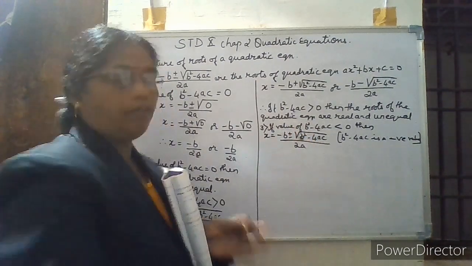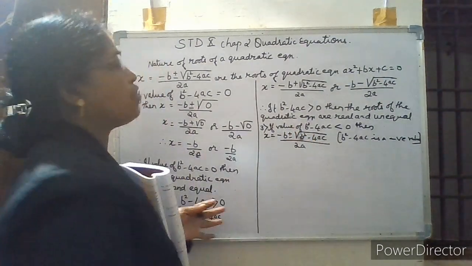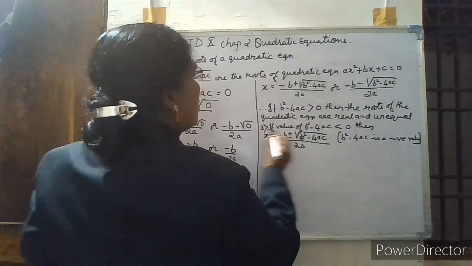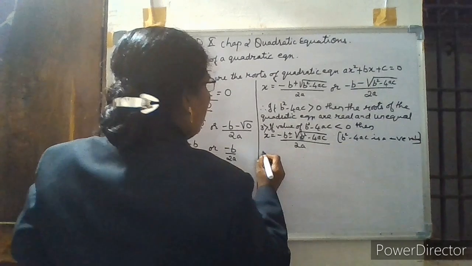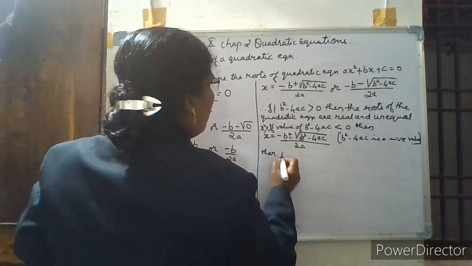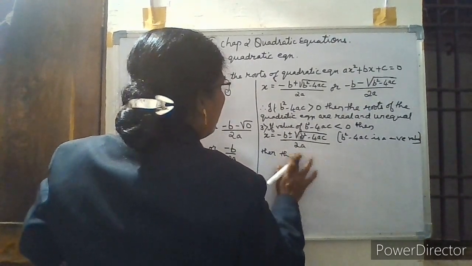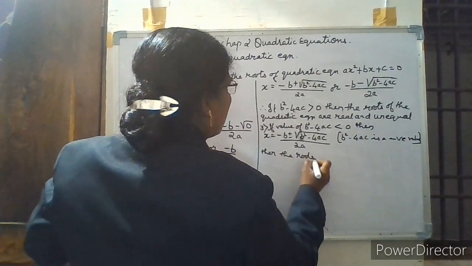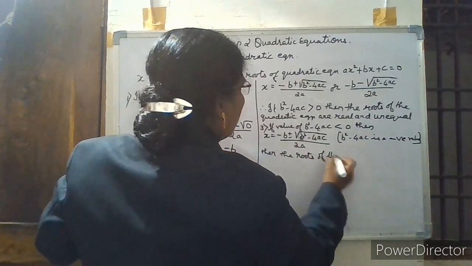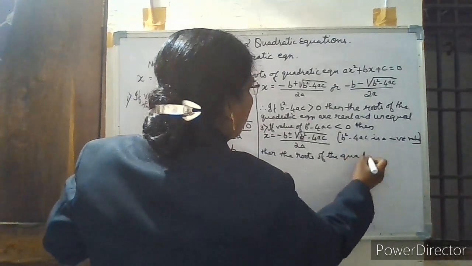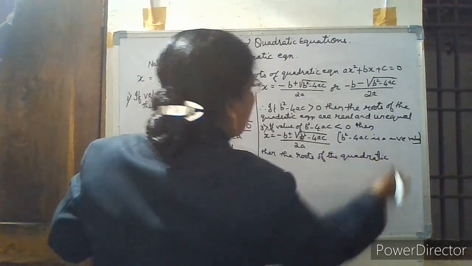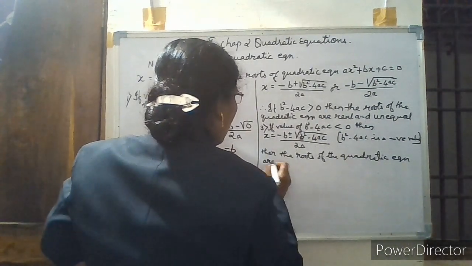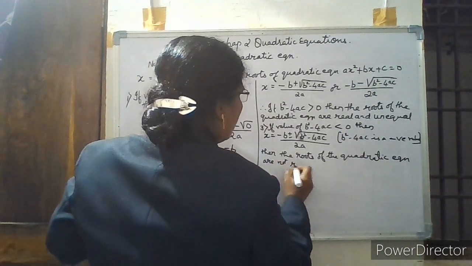Therefore the roots are not real. So if this is less than 0, then the roots of the quadratic equation are not real.